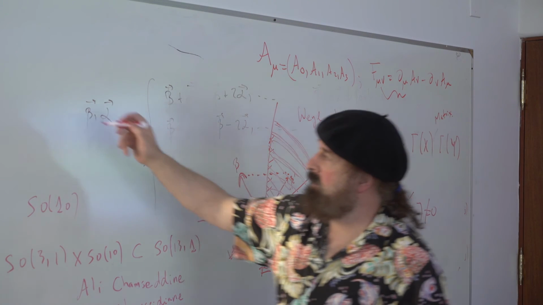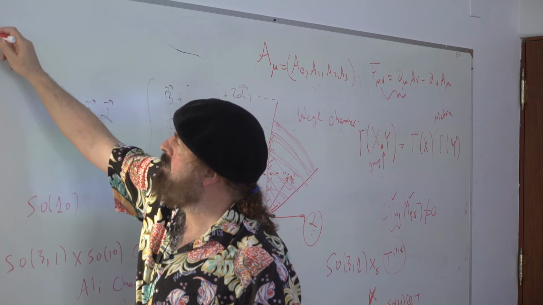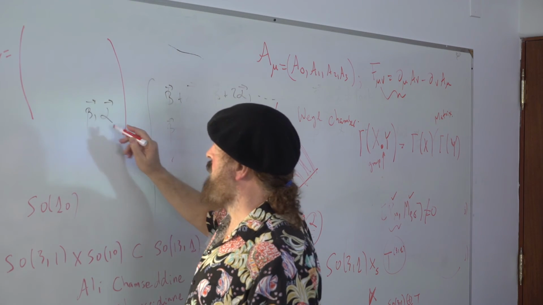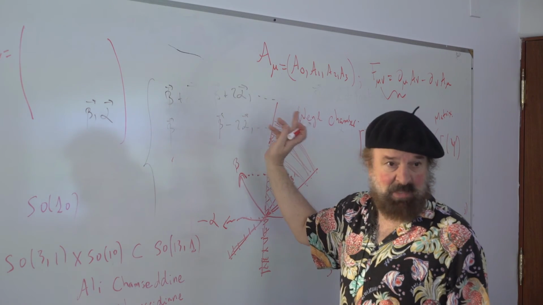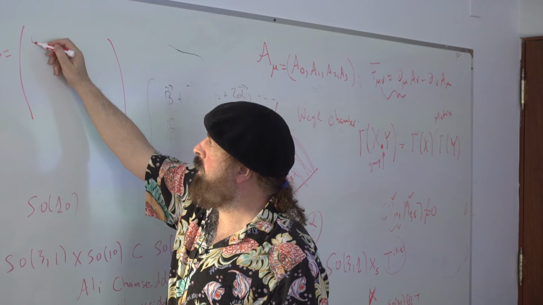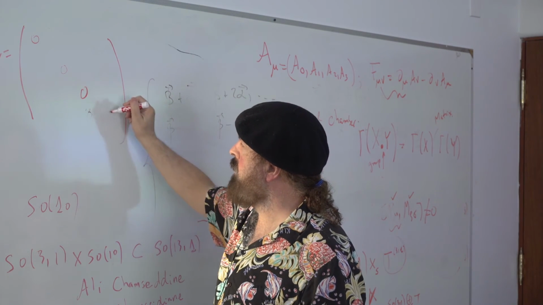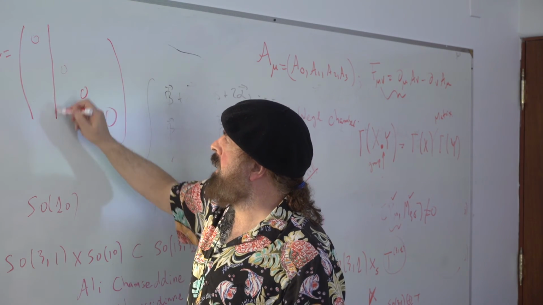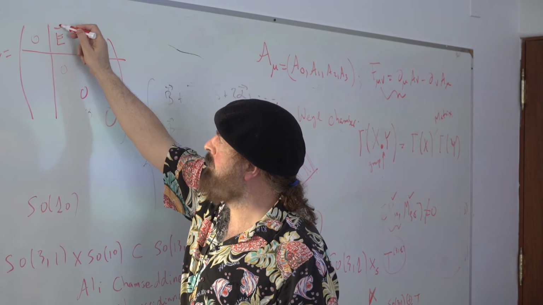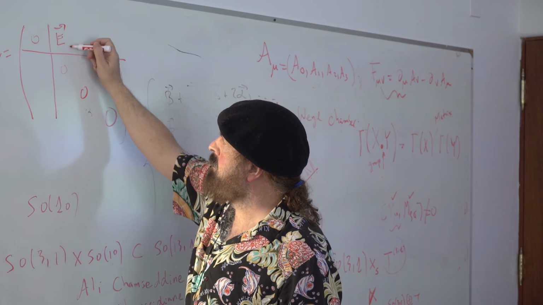Because this object is antisymmetric, you have to have zeros along the diagonal, and here you write the components of your electric vector field.